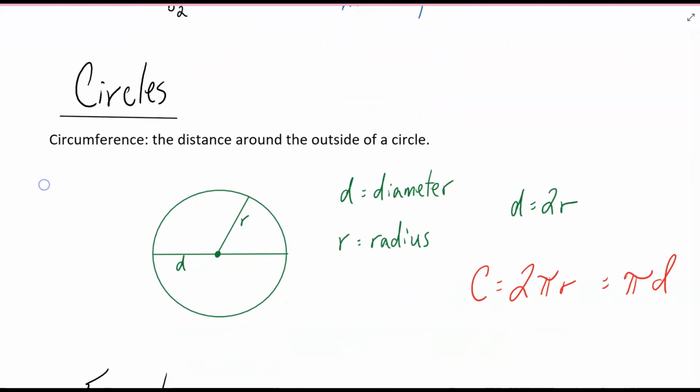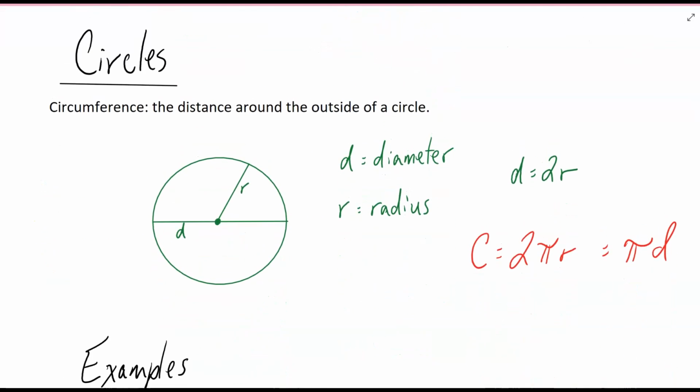Let's now move to circles. The perimeter of a circle has a special name called the circumference. It is the distance around the outside of the circle. And there are 2 different lines inside the circle. The line from the center of the circle to the outside of the circle is called the radius, with R. And a line that is twice as long as R, that actually goes from one side of the circle through the center to the other side directly, is a diameter.